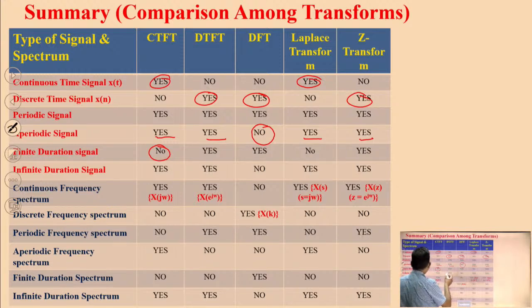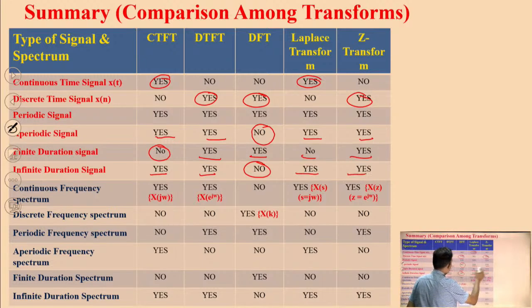In case of a finite duration signal, yes, you can do DTFT, you can do DFT, you cannot do Laplace transform, and you can do Z-transform also. For an infinite duration signal, yes, you can do CTFT, you can do DTFT, but DFT is only applicable for finite duration signals, and Laplace transform yes, and Z-transform yes.